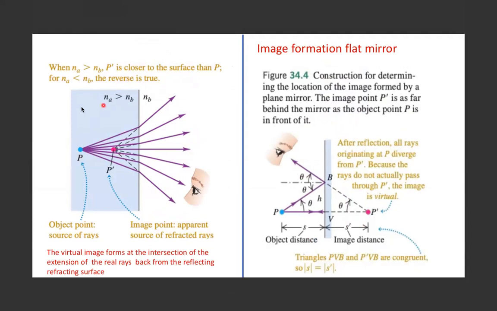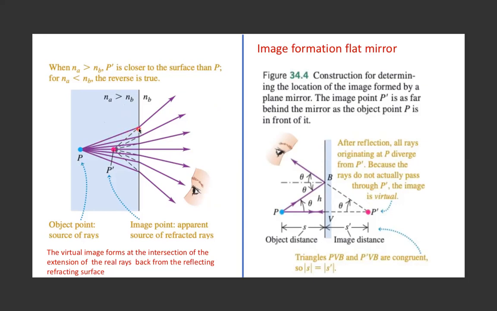You can imagine this is a pool with water, and there is a flashlight underneath, and you are looking at the flashlight on top. Okay, and the light will come out. The index of refraction of water is around 1.33, and the index of refraction of air is 1.